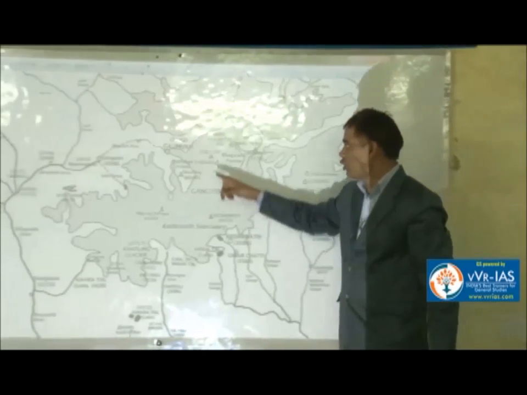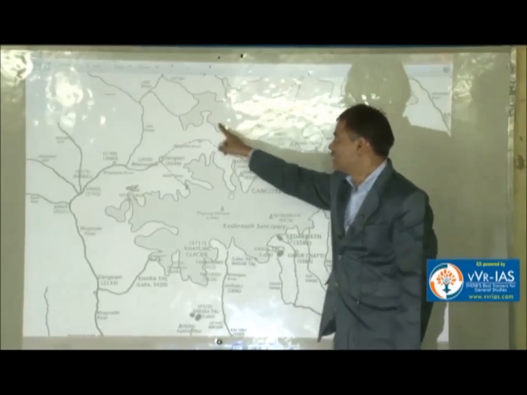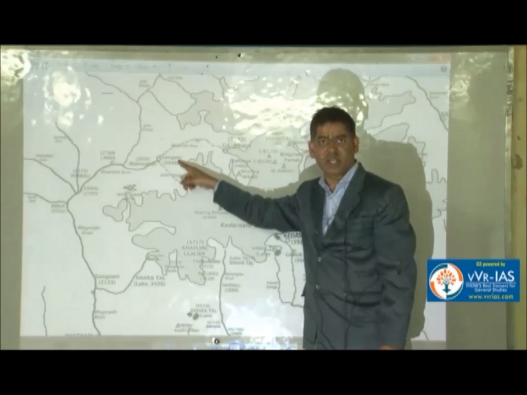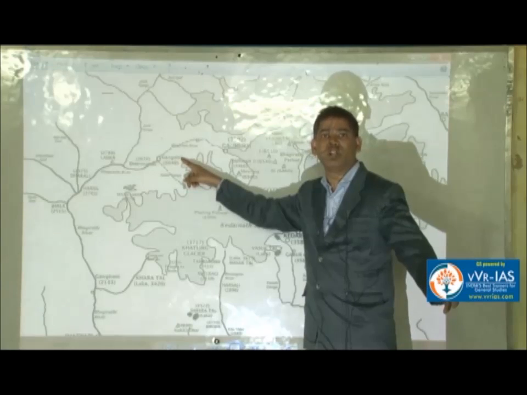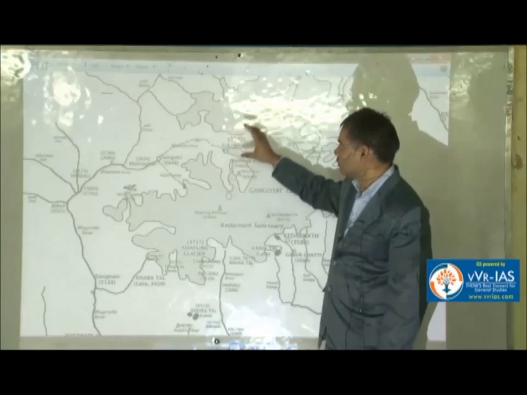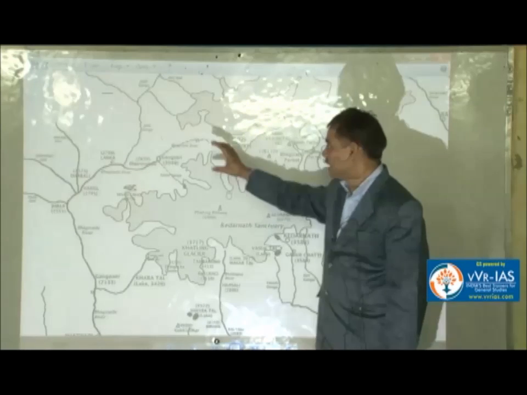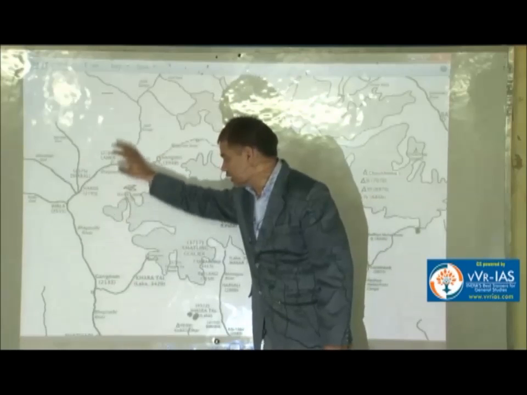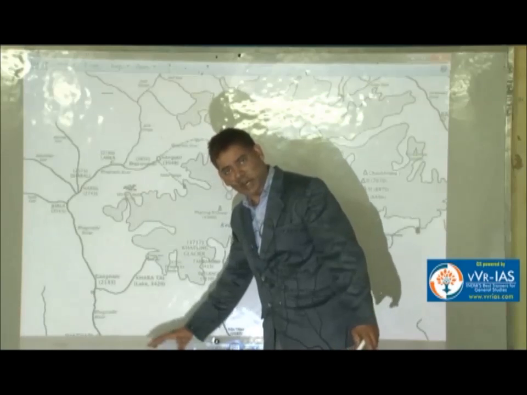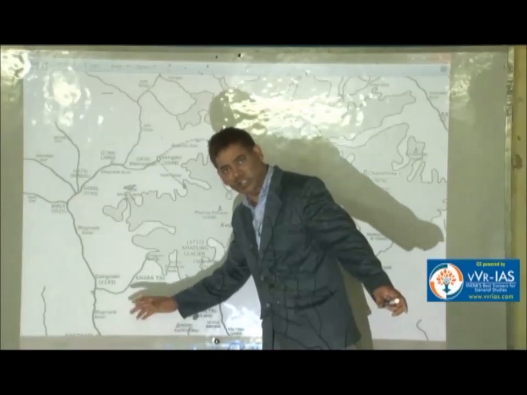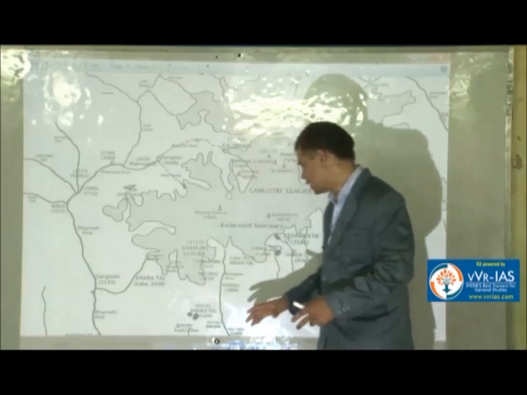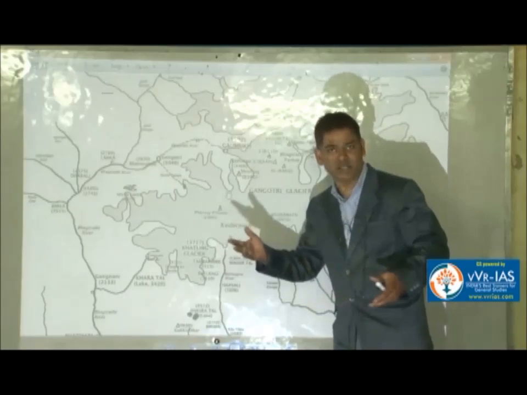So here is the Gomukh, and this region is called Gangotri. Here the name Gangotri is a peak, and Gangotri is also a small hill town. But this glacier originates from the Gomukh. So here is Gomukh, here is Gangotri. After Gangotri, this particular river is called Bhagirathi. Bhagirathi will come to Devprayag, and Bhagirathi and Alkananda will do the confluence.